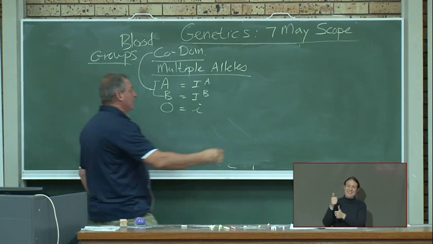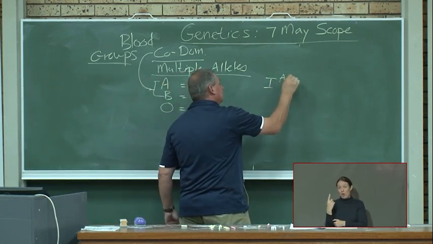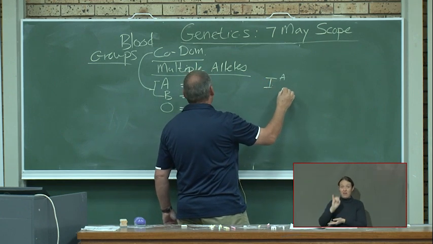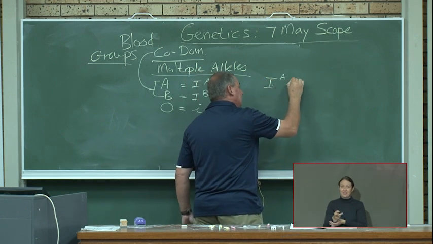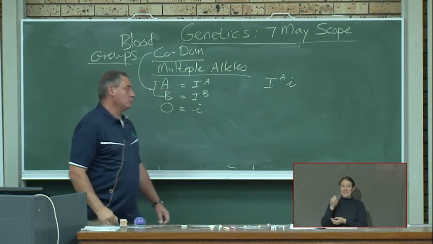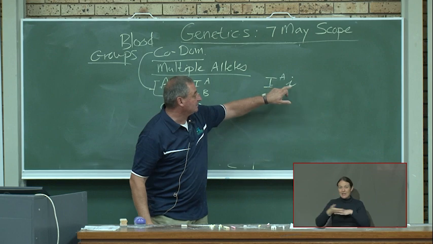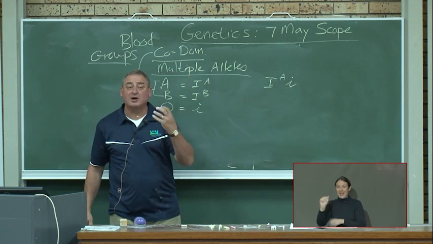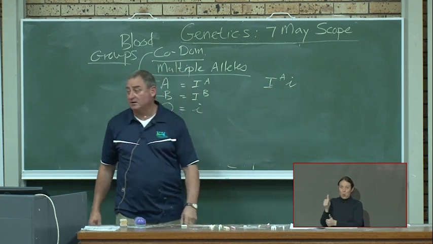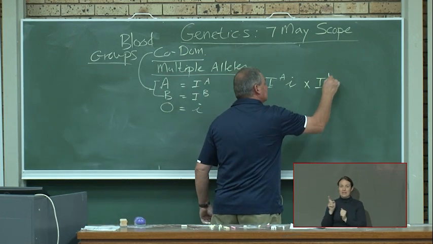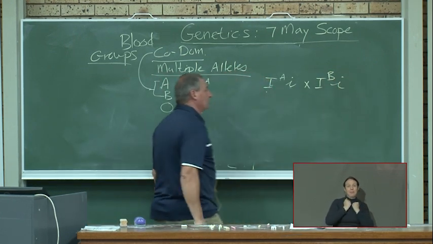So if you have the one parent giving in the sex cell, in the gamete, this allele, and the parent carries the other allele O, the parent will be blood type A because A dominates O. When you feel like writing O, you always write small letter i. Are we together? Now this parent gets married to this other parent, and they're going to have children.